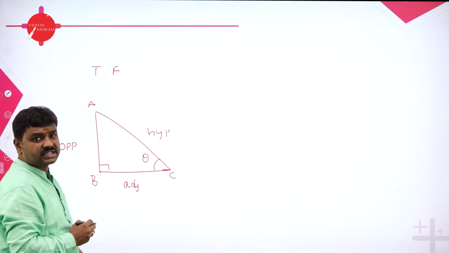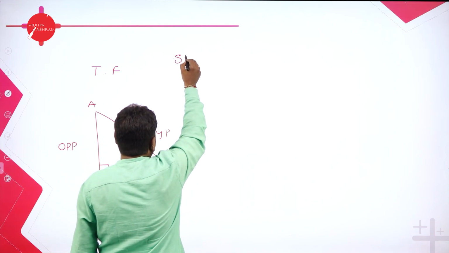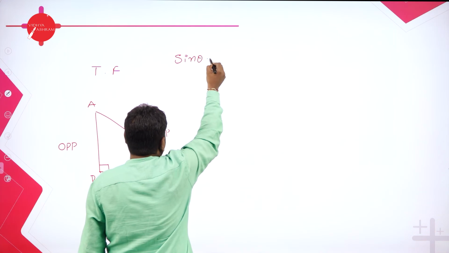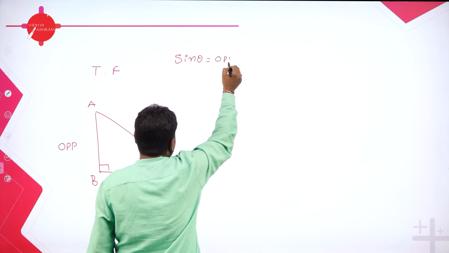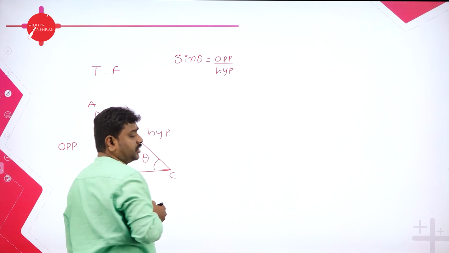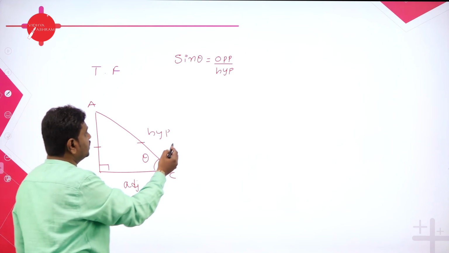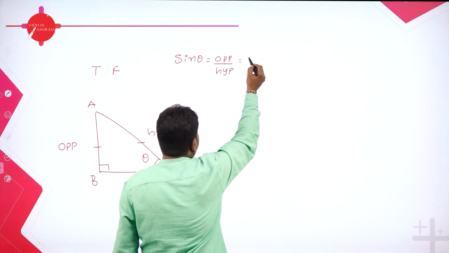So you know the basics, whatever you learnt in high school. What is sine theta? Sine theta is opposite side divided by hypotenuse. So here this is AB and hypotenuse is AC. So in this diagram it is AB by AC.